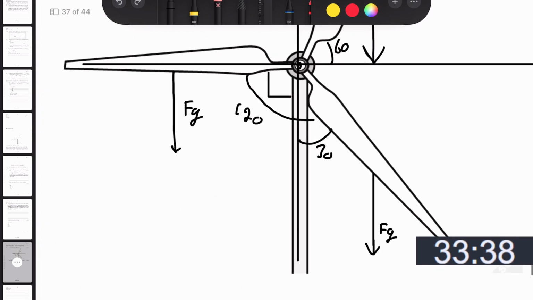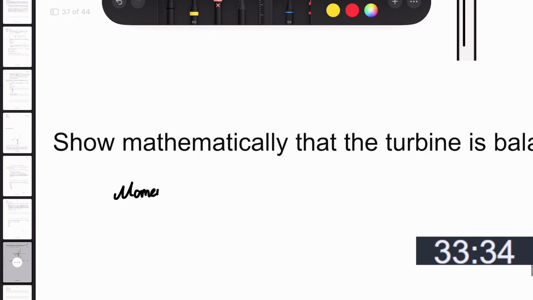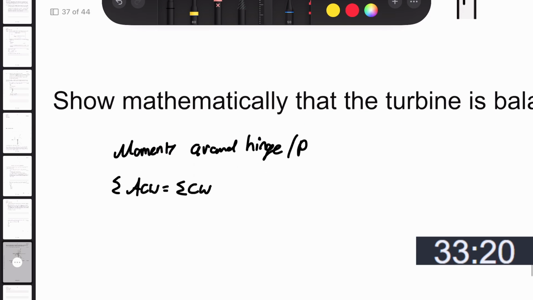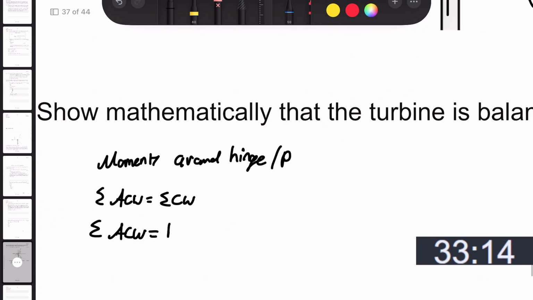So let's take moments around the hinge, or P. Moments around hinge slash P, and we'll say that the anti-clockwise moment equals the sum of the clockwise moments. Now the anti-clockwise moment is just this one, Fg times r perpendicular.